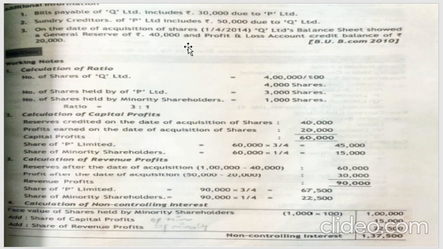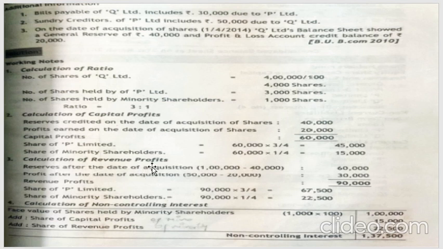So on the date of acquisition, that profit and those reserves will be taken in the capital profit calculation. So reserves earned are 40,000 and the profit on the date of acquisition of shares is 20,000. So the total capital profit is 60,000. Capital profit share of P Limited: 60,000 into 3 divided by 4, which will give you 45,000. Then share of minority shareholders: 60,000 into 1 divided by 4, which will give you 15,000.